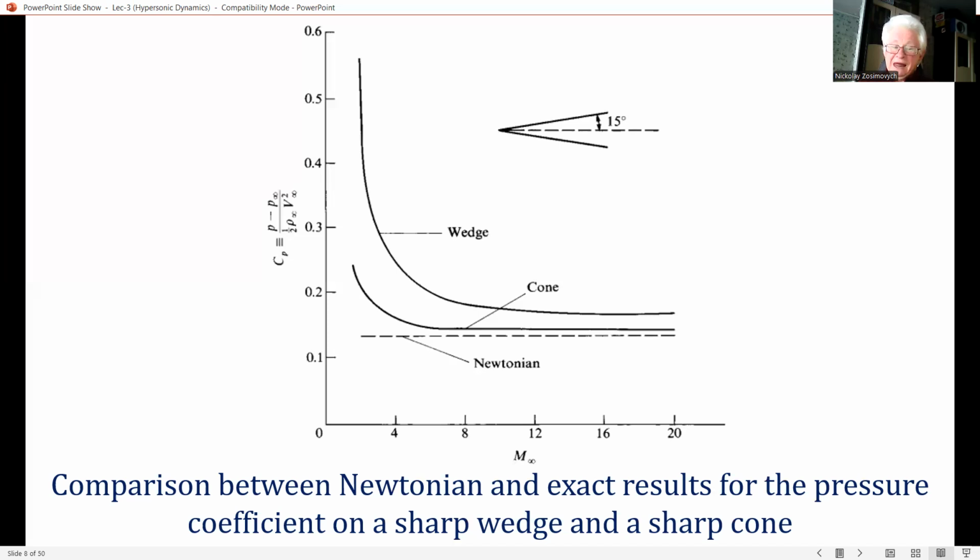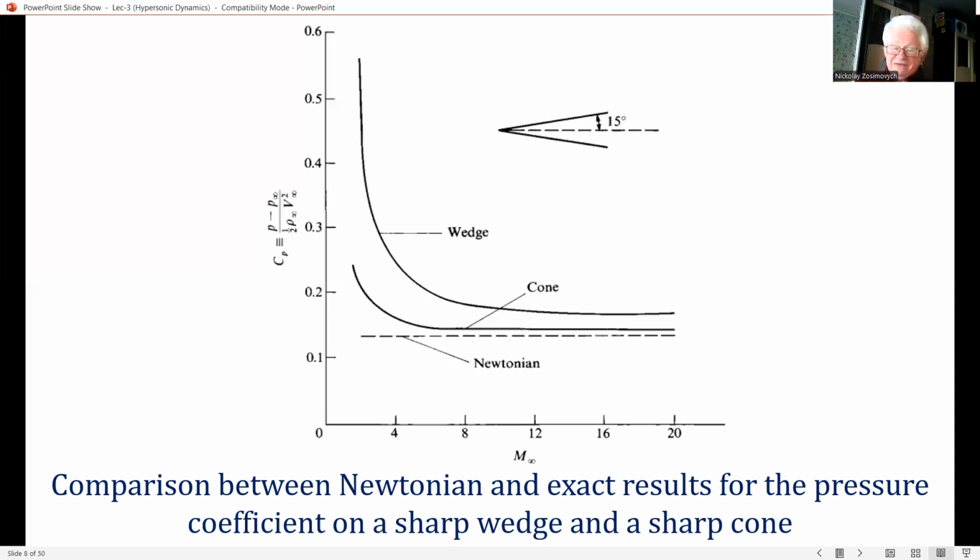And second, Newtonian theory is usually more accurate for three-dimensional bodies, like our cone, than for two-dimensional bodies, like the wedge.